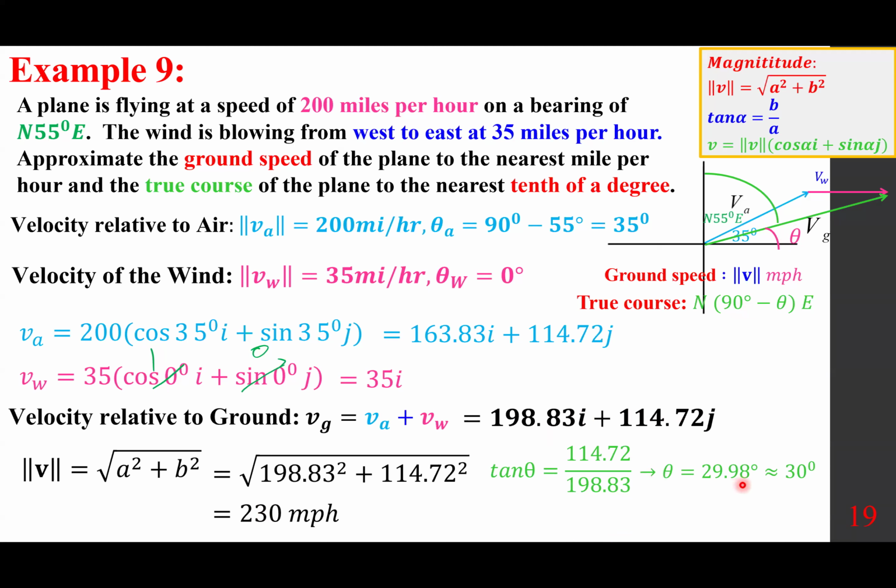So if 30 degrees is theta, this must be 60 degrees. So we are doing 230 miles per hour. That's our speed, the ground speed. And we are going north 60 degrees, 90 minus 30, east. 230 miles per hour, north 60 degrees east.